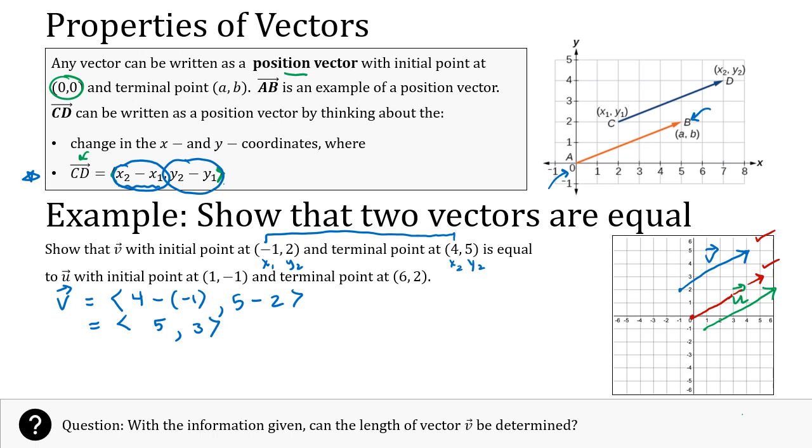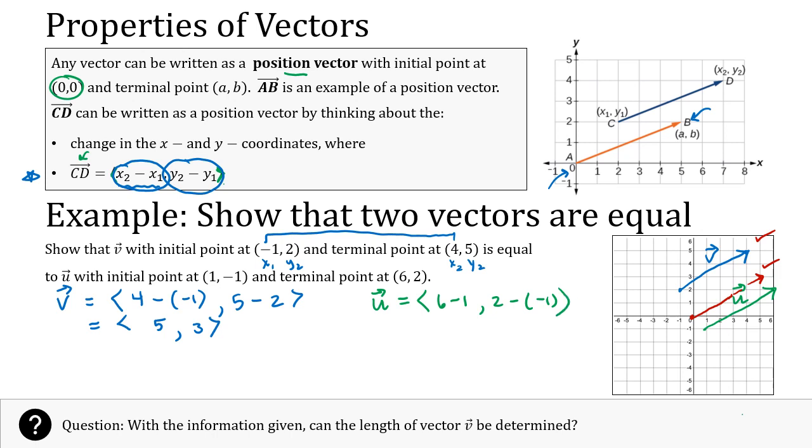Now, let's see if vector u has that same position vector. If it does, then that means that these two vectors are equal. So vector u is going to be, I'm going to put that position vector notation, and I'm going to subtract my x's. So I'm going to have 6 minus 1, comma, 2 minus -1.